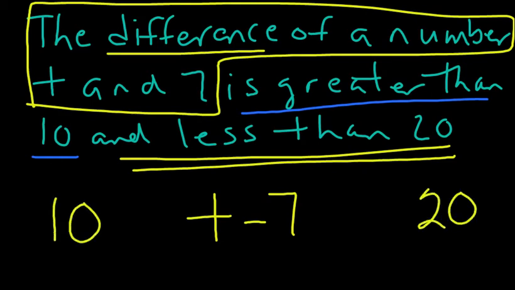Now, you've got to figure out which way you're going to point the greater than or less than signs to make it like that. Let's see what it says. It says this answer, right here, whatever this is, is greater than 10, it's bigger than 10, and it's less than 20. So, it goes like this.